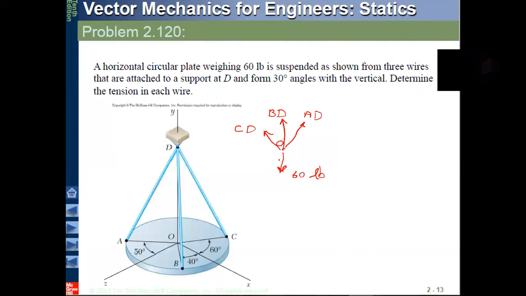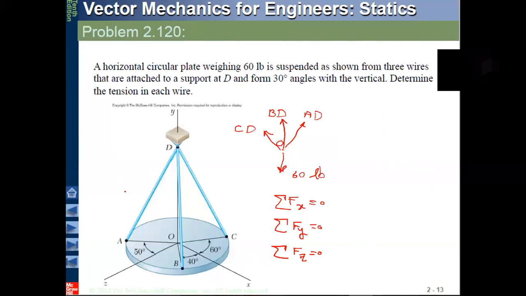So we need to decompose each of these forces in X, Y, and Z components and write the equilibrium equations, which are sigma Fx equal to 0, sigma Fy equal to 0, and sigma Fz equal to 0. So in this problem, you have to set a suitable coordinate system.